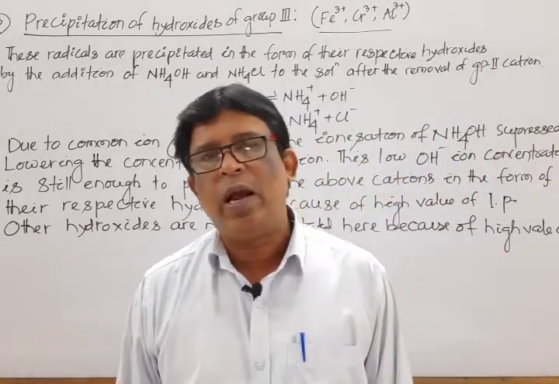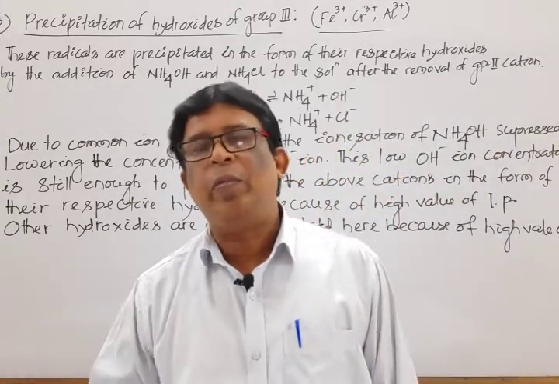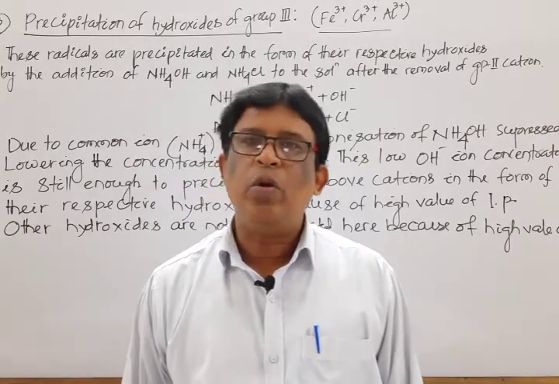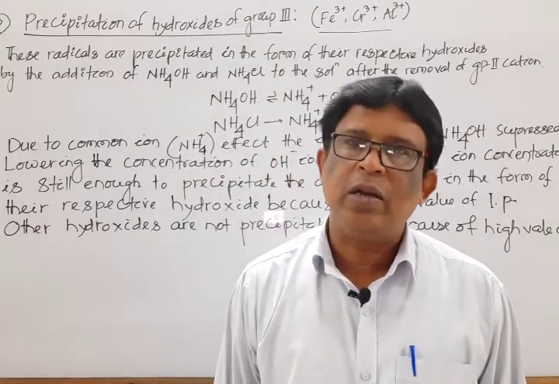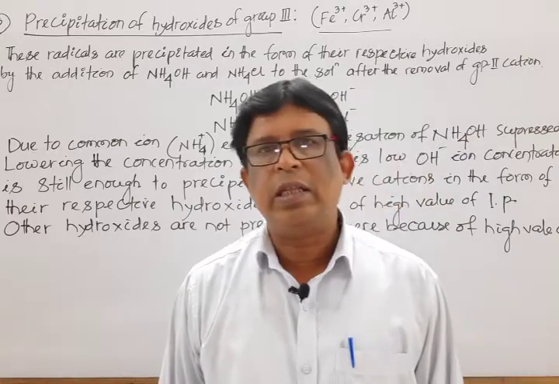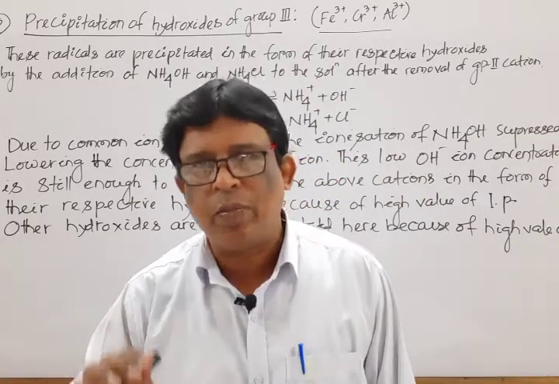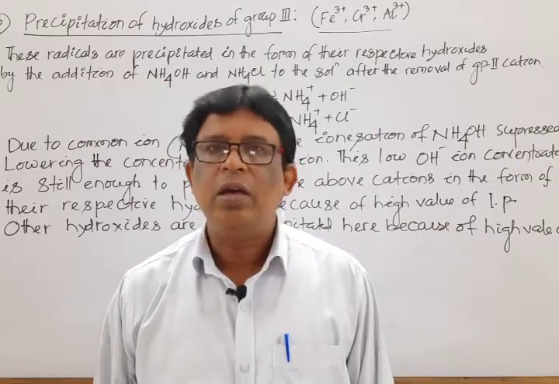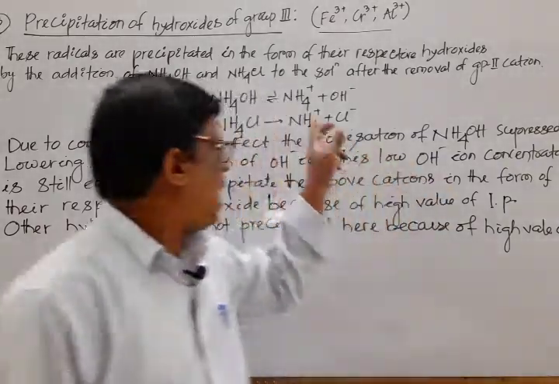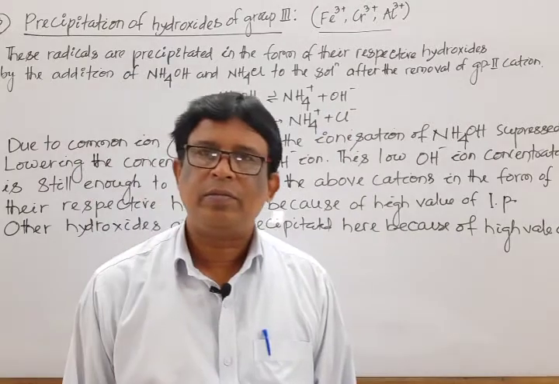Due to the common ion, the equilibrium shifts backward, forming more ammonium hydroxide, or one can say that the dissociation or ionization of ammonium hydroxide is suppressed, lowering the hydroxide ion concentration.